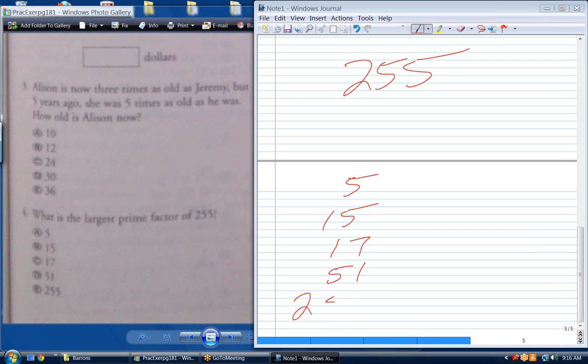Why don't we back solve it, starting with the largest number? Is 255 the largest prime factor? No. Is 51 the largest prime factor? No. Is 17? Yes. Bingo.